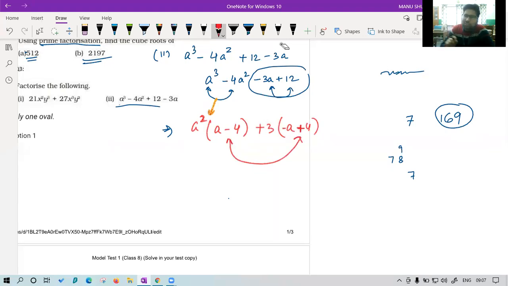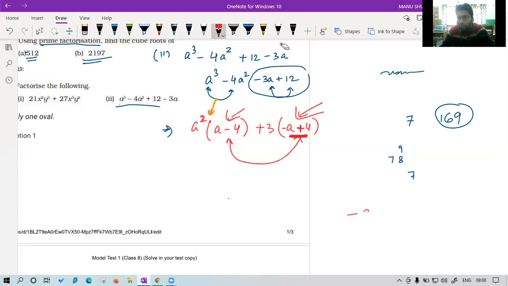Because we have taken 3 as common, we have got this thing. And these two are not common. What should we do now to make them same? If I take something common from this thing also, I will get the same term on both the sides. Class, are you able to understand this thing?